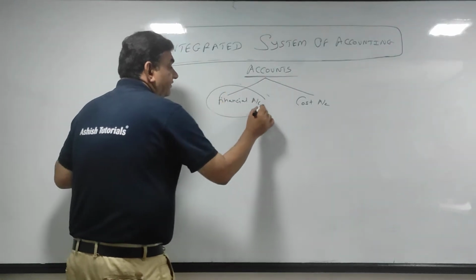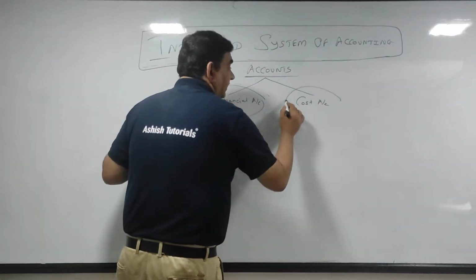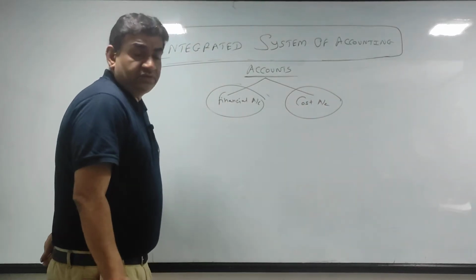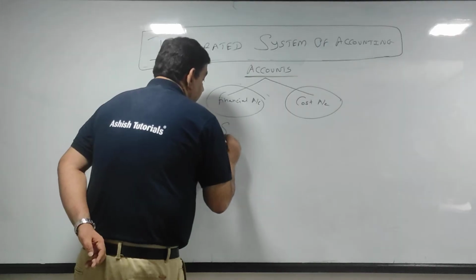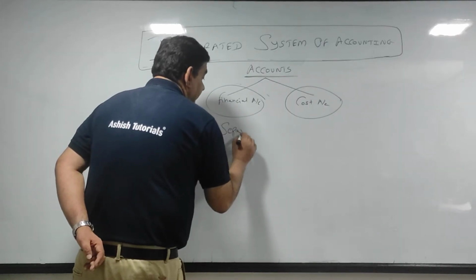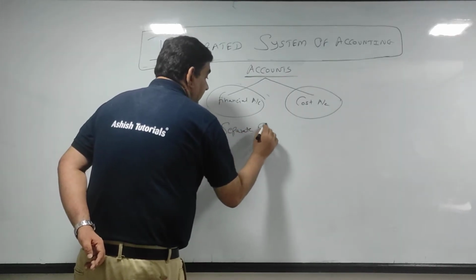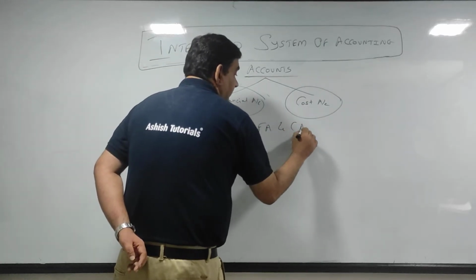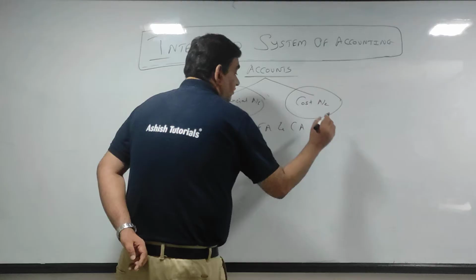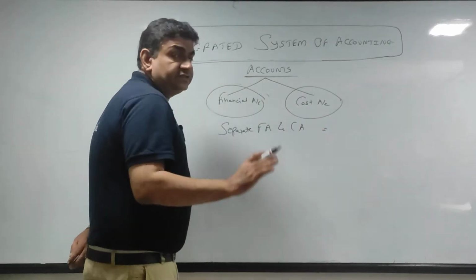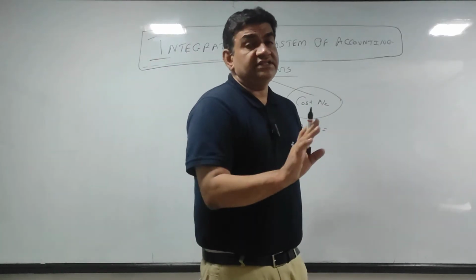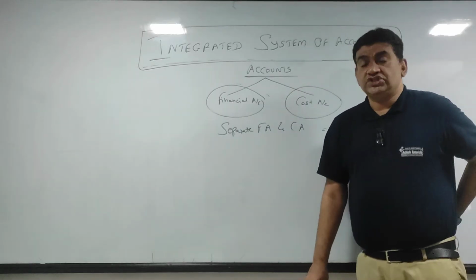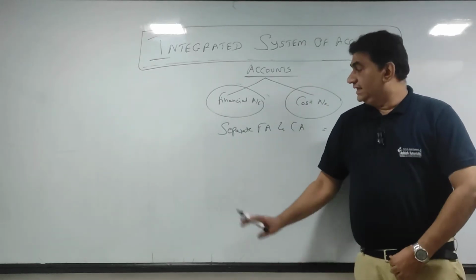Then they will have a separate cost account and separate financial account. They will have a separate financial account system, and a separate cost account system. Separate records for financial transactions, that is financial accounting, and separate records for cost transactions, that is cost accounting.